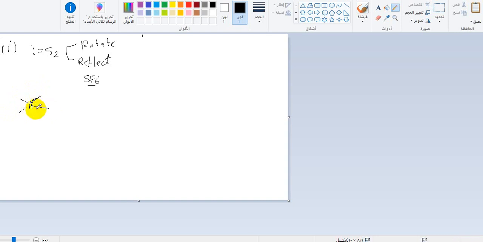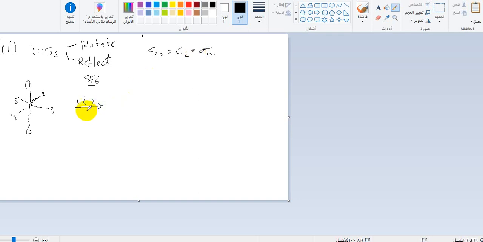This is 1, 2, 3, 4, 5 atoms on the same level, and one is front and one is back: 1, 2, 3, 4, 5, 6. The element is I. The first one makes C2, and sigma h.